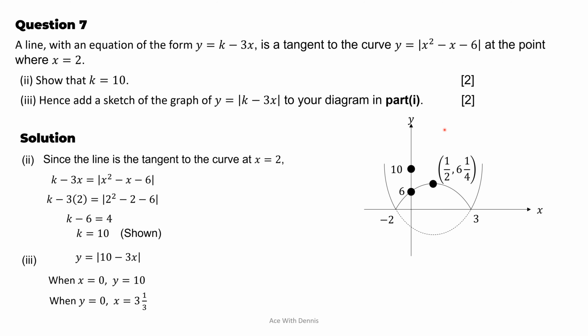This is the y-intercept, which is 10, and this is the x-intercept, which is 3 and 1/3. Right? We can draw this linear line, which looks like this. And notice that when it passes below the x-axis, we will reflect it above the x-axis as it is a modulus function. And we put the dotted line for the part which is below the x-axis.